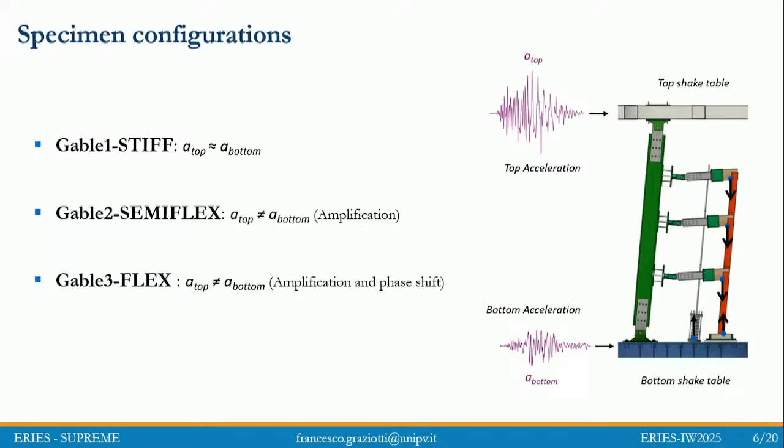We conducted 3 different tests on 3 nominally identical specimens. One with, let's call it, a stiff roof, so basically with nominally the same acceleration top and bottom. Another one with a semi-flexible roof, so with a difference in acceleration top and bottom, but with the same accelerogram, completely in phase and scaled up.